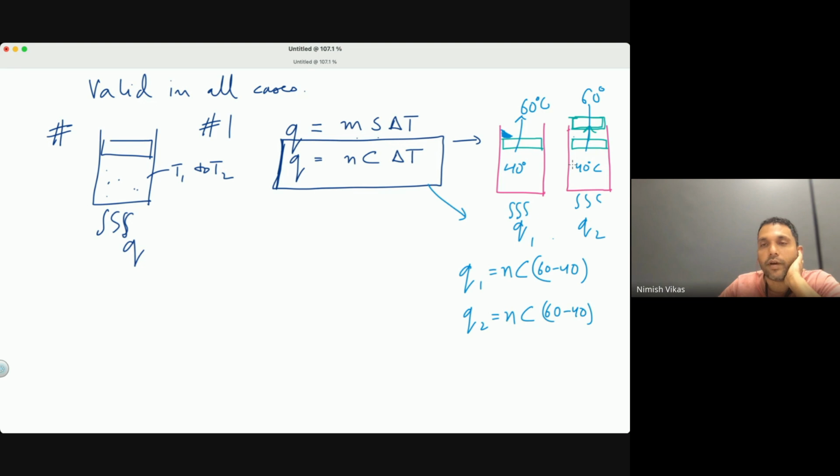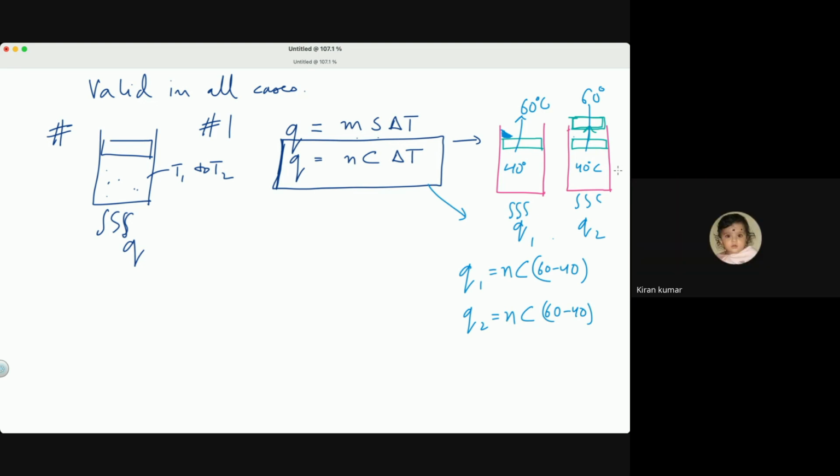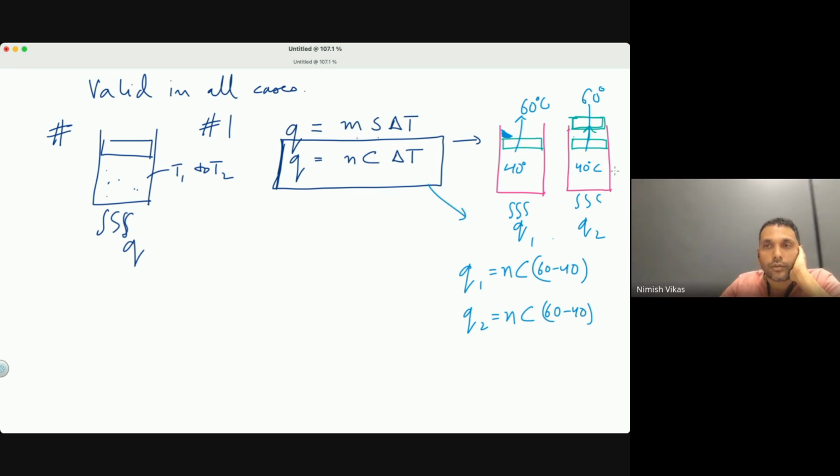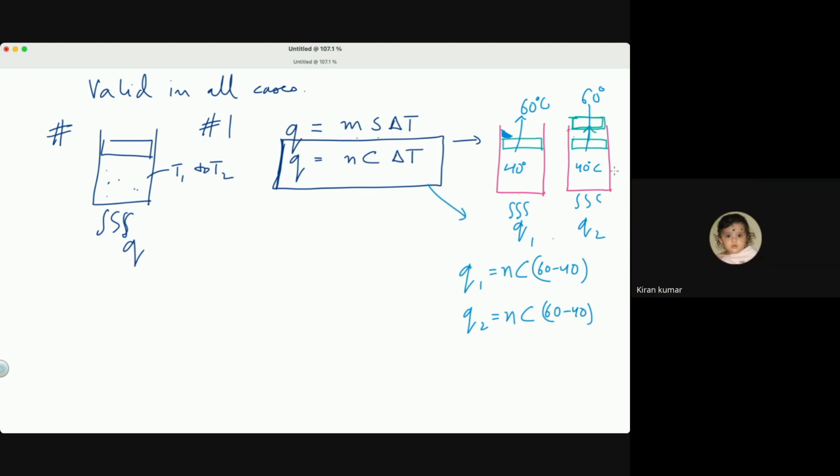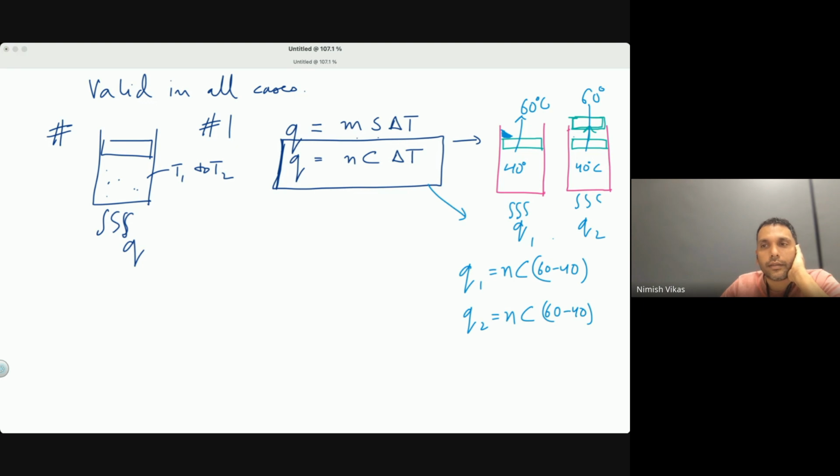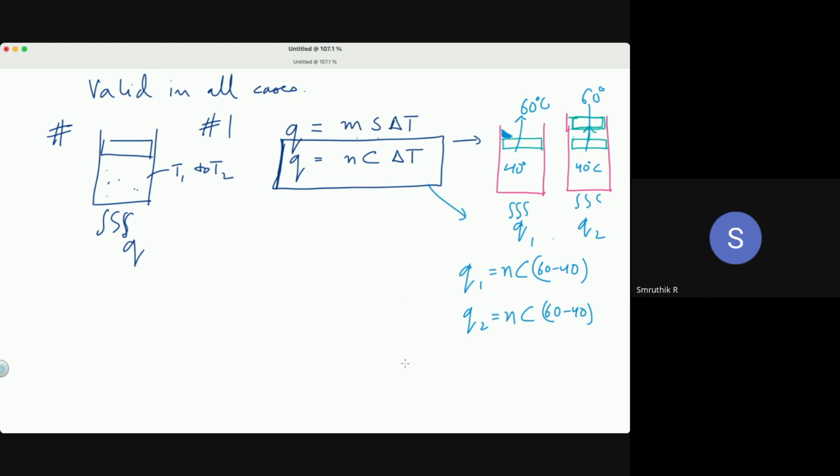Can anybody tell me why? Sir, is it because the volume differs? Volume differs, so is there work done?